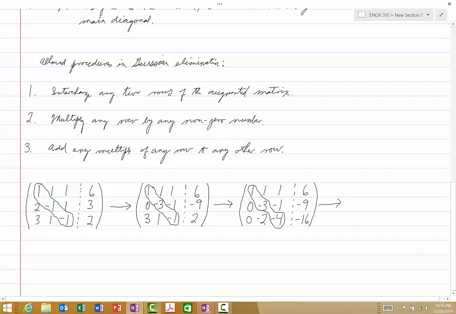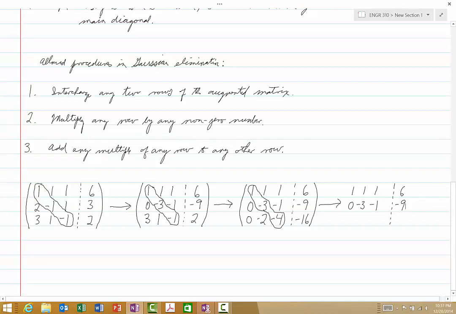So, again, to eliminate this negative 2 here, what we will do is add to the third row negative 2/3 of the second row. So the first row is not getting changed. We have 1, 1, 1, 6. And the second row will stay as 0, negative 3, negative 1, negative 9. Oh, and by the way, we've said just now that one way to do this would be to multiply the second row by negative 2/3 and then add it to the bottom row.